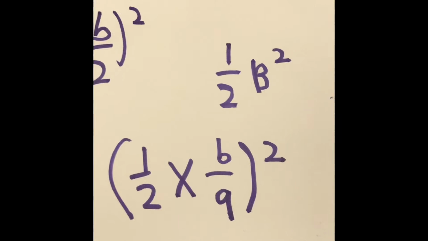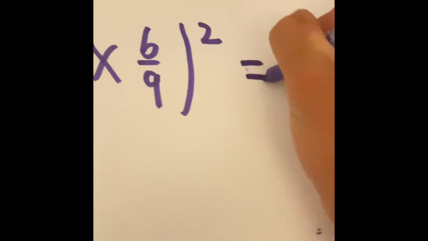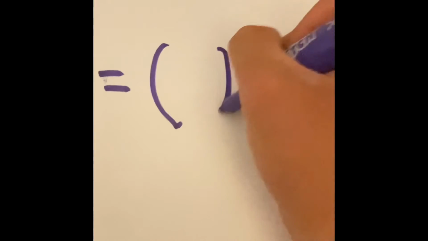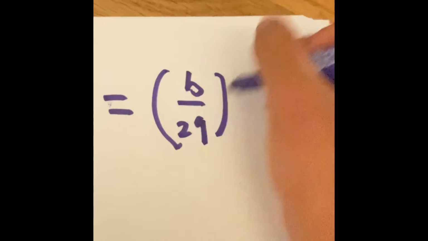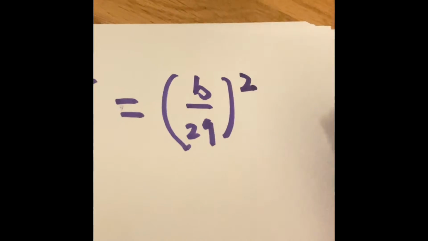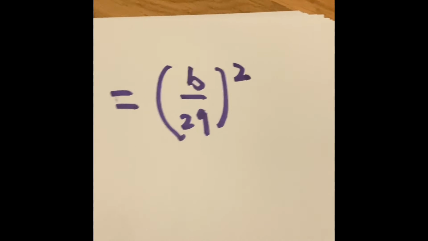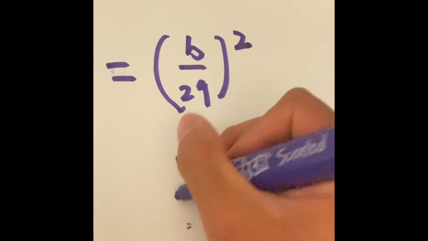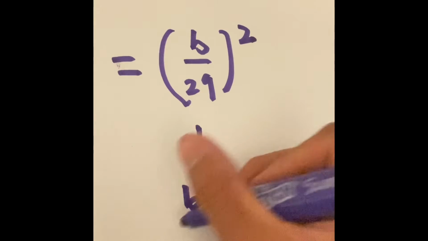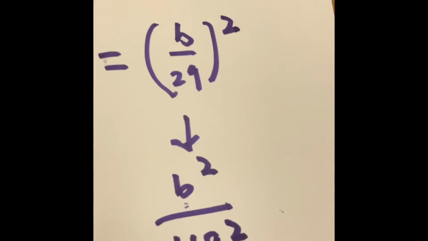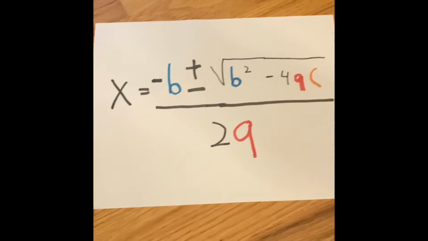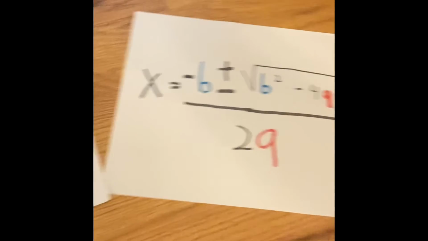When we do that, we can simplify this down to parentheses b divided by 2a, squared. Or if you want to simplify even more, you would get b squared divided by 4a squared. We're getting one of the pieces that look like the quadratic formula.